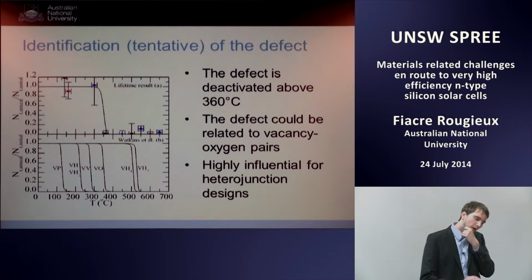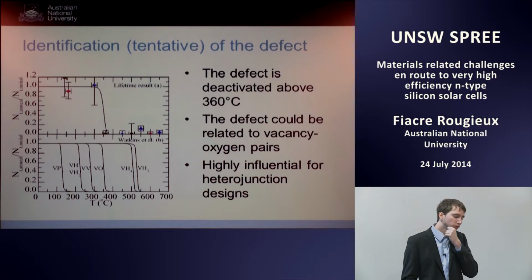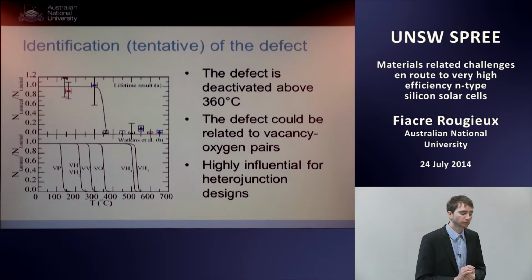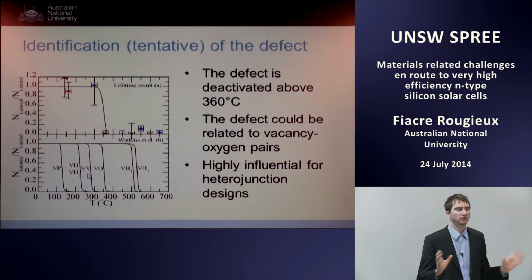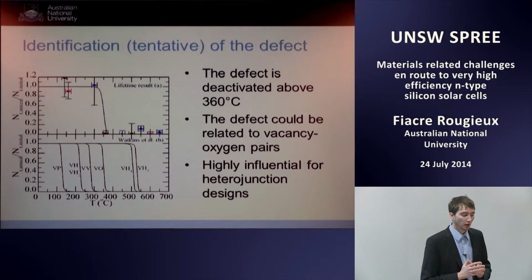And if we compare our lifetime result to the results from Watkins et al. on electron paramagnetic resonance, we find that what we see would correspond roughly here to vacancy oxygen, perhaps divacancy, considering the uncertainty that we have here.